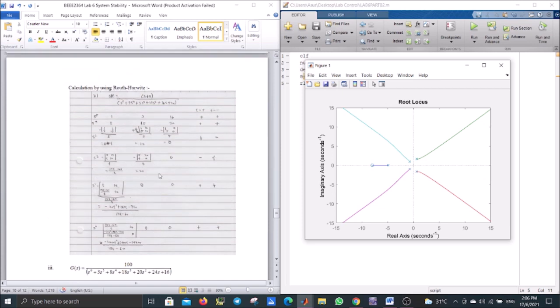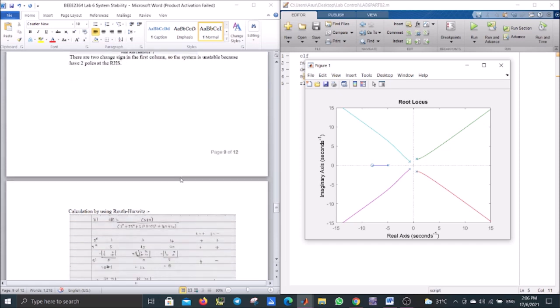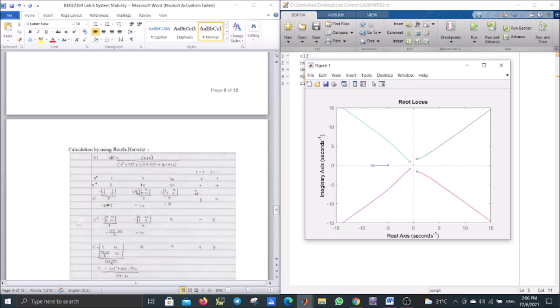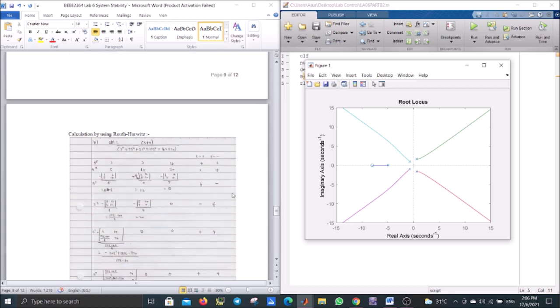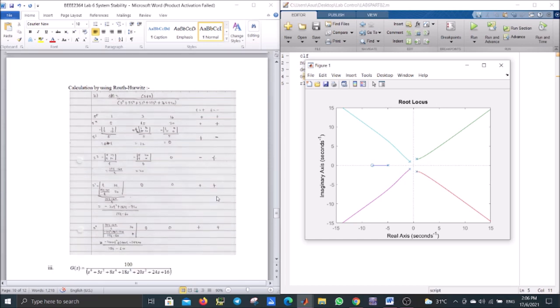Over here, as you can see, in the manual calculations, there are two sign changes, and that means two poles in the RHS. So the result verifies the system is unstable.